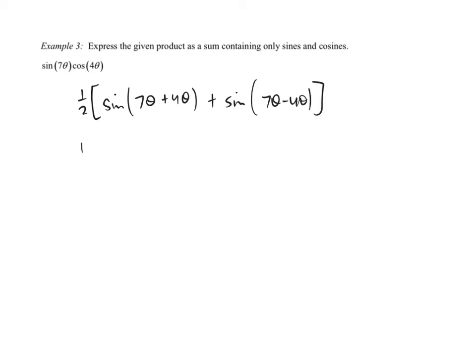And then again, I'm just going to simplify those, so it'll be 1/2 sine of 11 theta plus sine of 3 theta, and I'm done. Okay, so it's very basic application of those formulas that you have on page 1 of your notes.